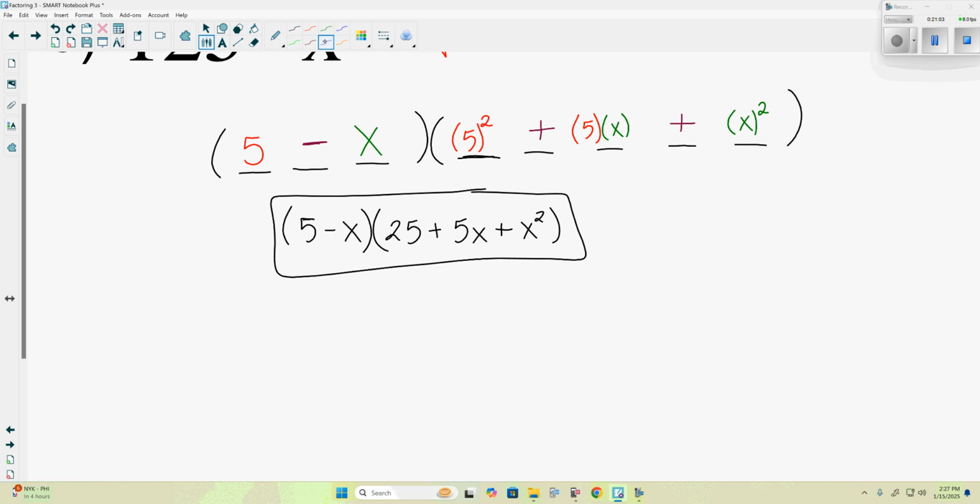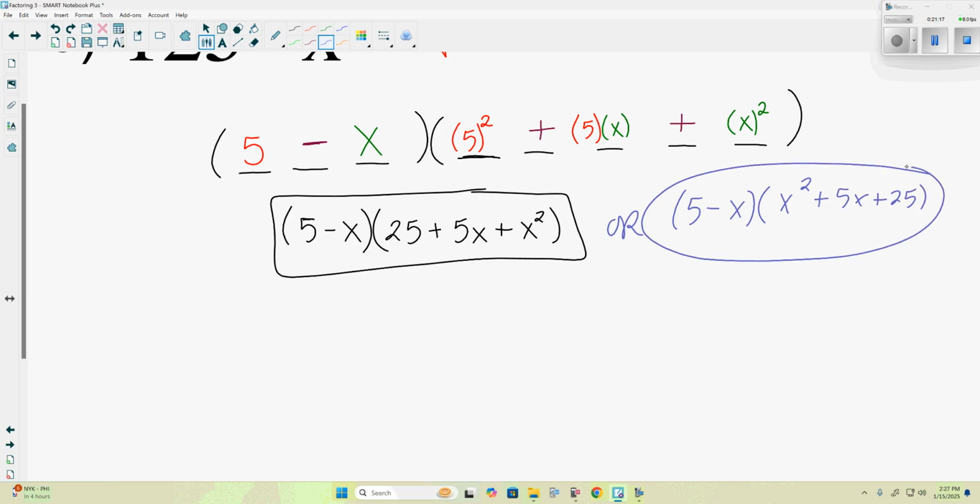Now, if we wanted to, we could rewrite the quadratic in standard form. So we'd have 5 minus x times our x squared plus 5x plus 25. Also the same answer. But we get this here. Questions on any of this here? That's it.